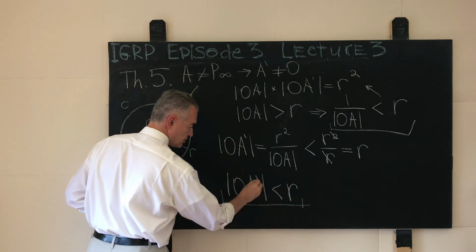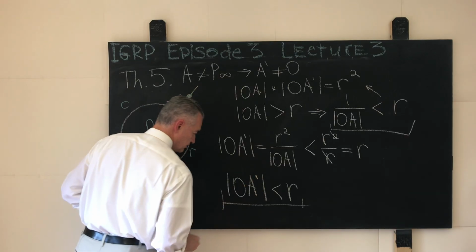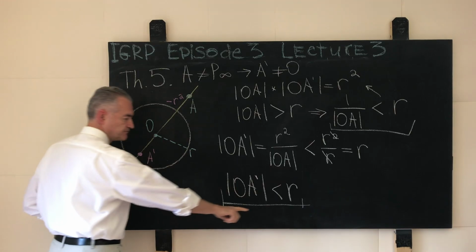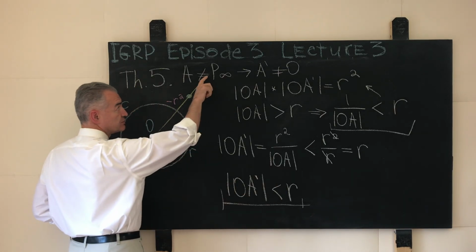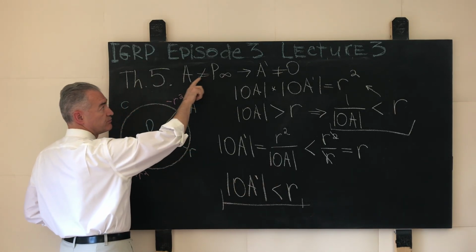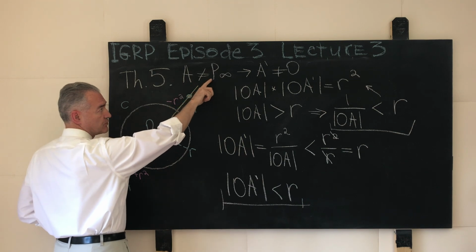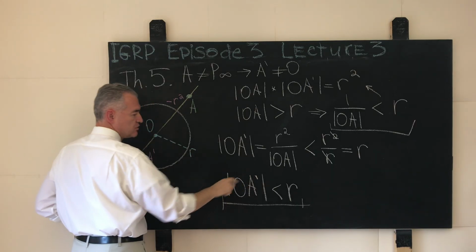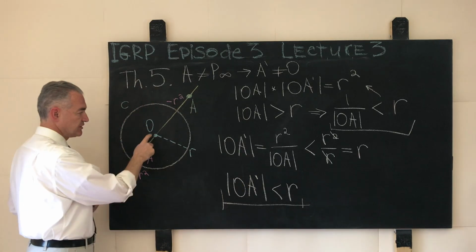The image point A prime is located strictly inside of the circle of inversion, and because our original pre-image point was distinct from the point at infinity, it follows that our image point must be distinct from the center of inversion.